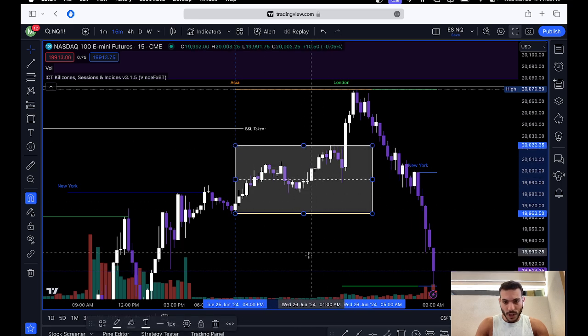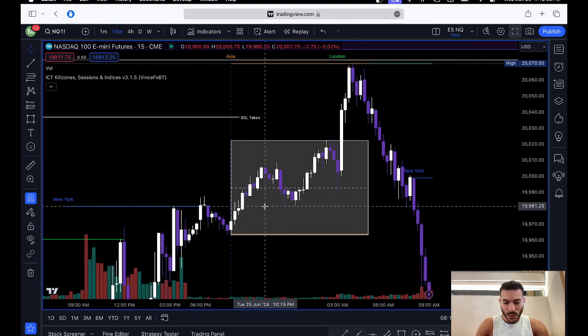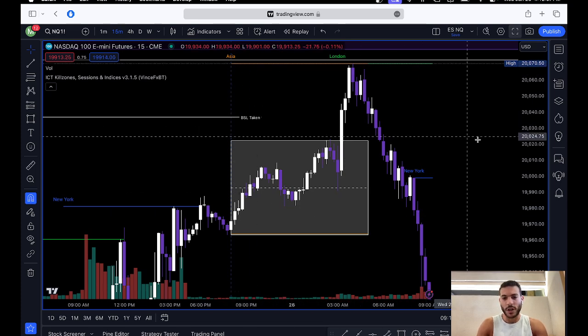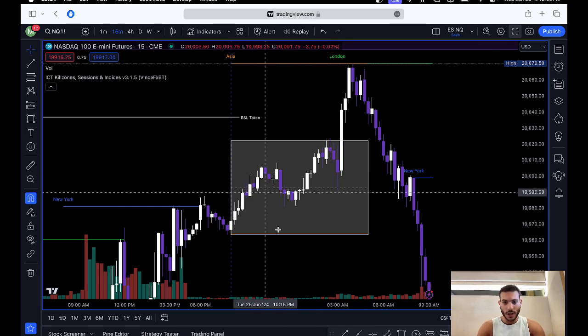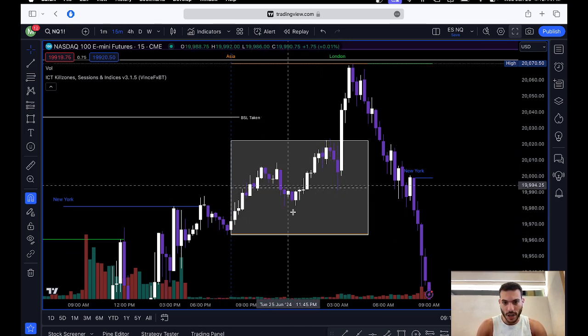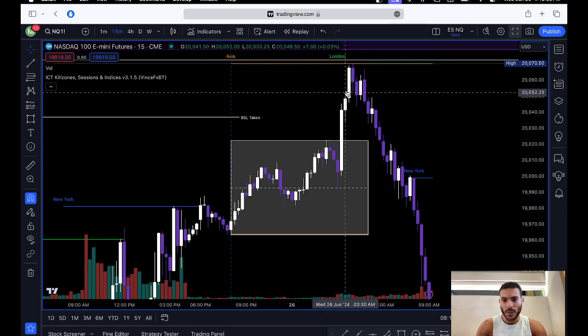So we can see a power of three setting up here, right? What's a power of three? Essentially, three market phases during the three market sessions: Asia, London, and New York. What generally happens is you see accumulation during Asia session, so accumulation, highs, lows, right? Considerably tight range.